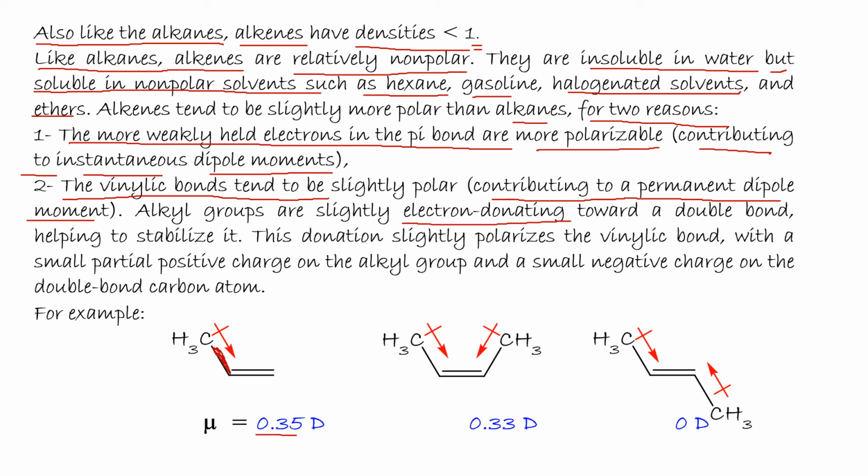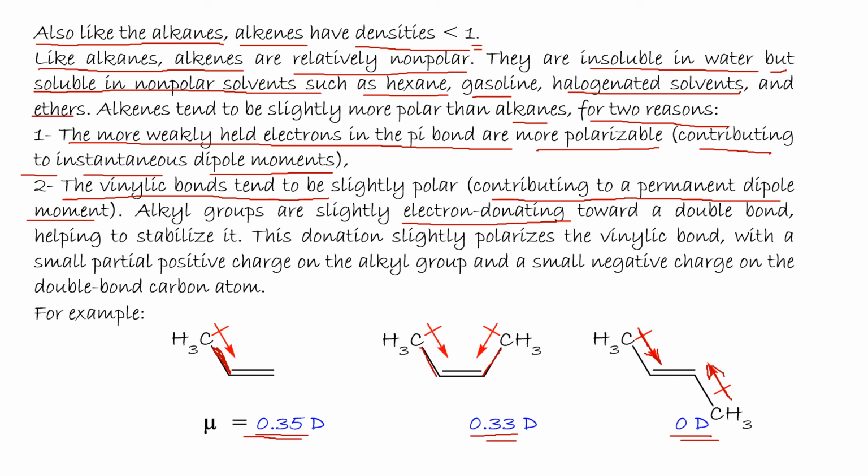Okay, so we have the dipole here. In the cis, the two methyl groups are giving electrons away, and we can see that it has a dipole. In the trans, there is no dipole, because this methyl is pushing this way and the other methyl group is pushing the other way around, making the dipole moment equal to 0.